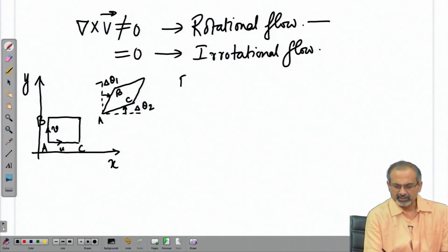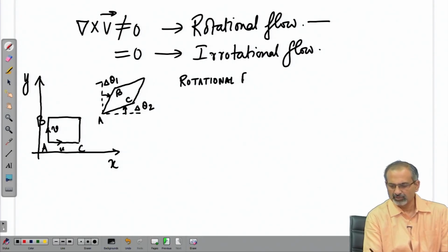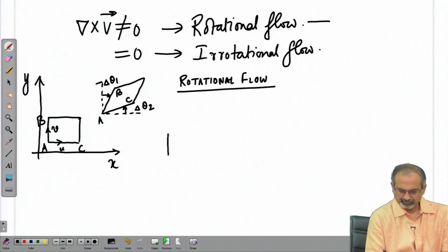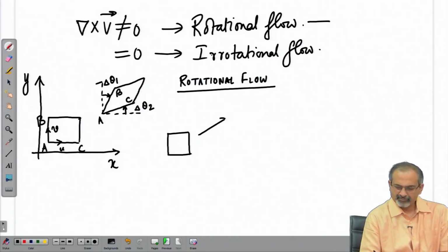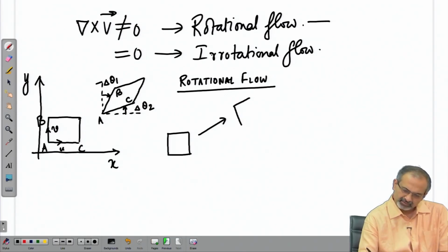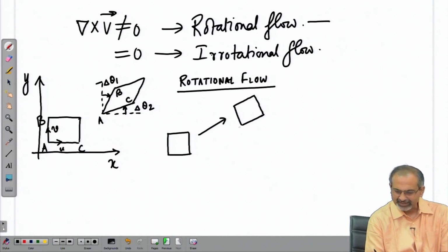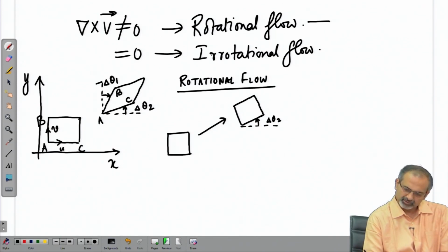So, when you look at rotational flow, let us see how the fluid element may be moving along in the flow field. You start with a square or a rectangular shape, and one possibility is that it has a kind of rigid body rotation. The shape as such remains intact, but it just rotates. So, you have a delta theta 2 here, and you have a delta theta 1 here.